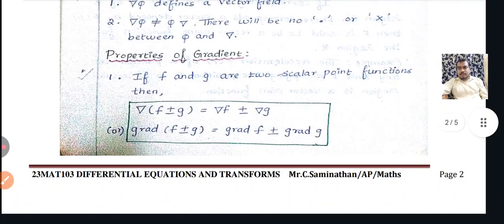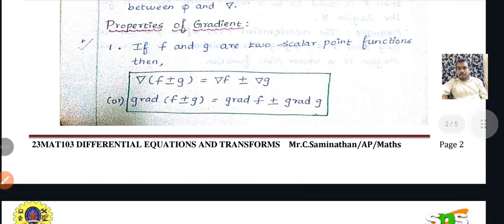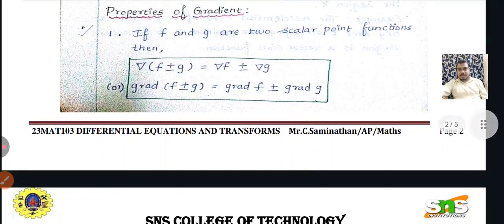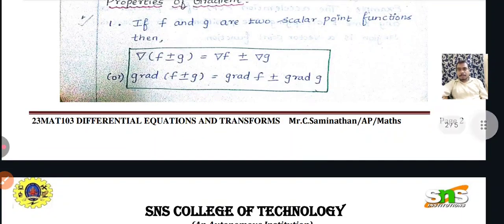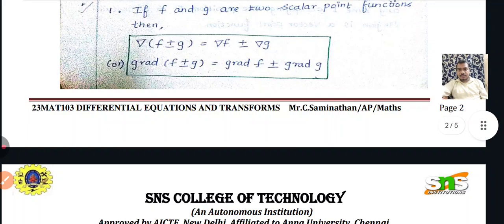Next we have to see the properties of gradient. The first property of gradient: if f and g are two scalar point functions, then del of f plus or minus g is equivalent to del f plus or minus del g, or gradient of f plus or minus g is equivalent to gradient of f plus or minus gradient of g.